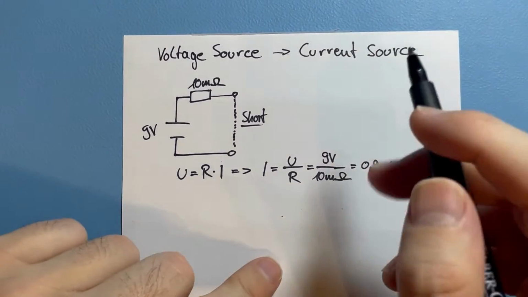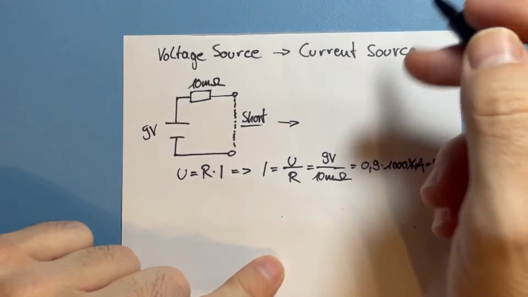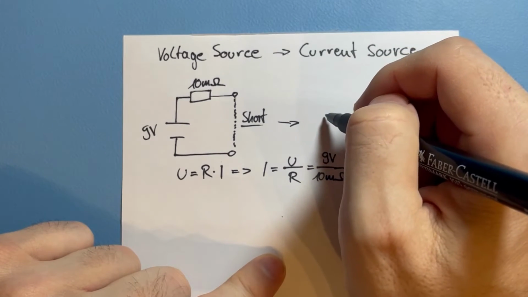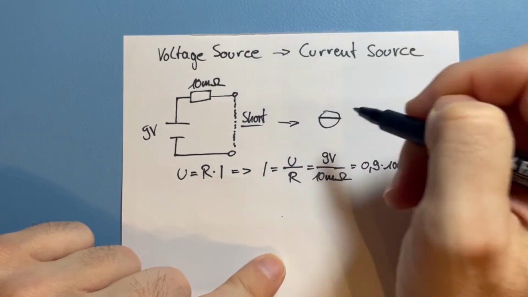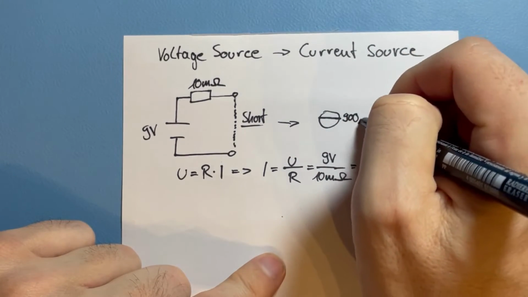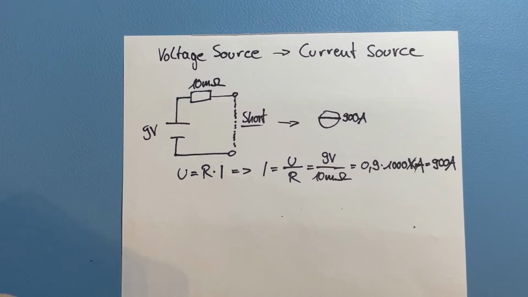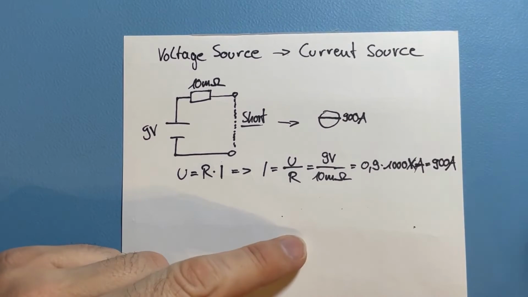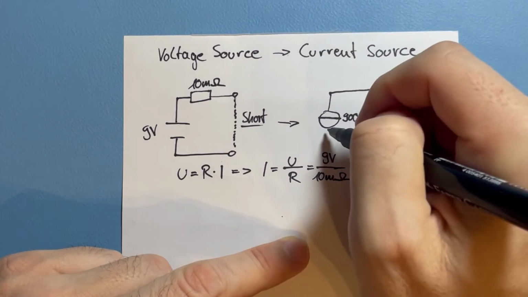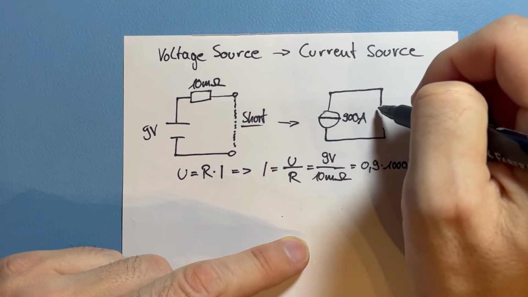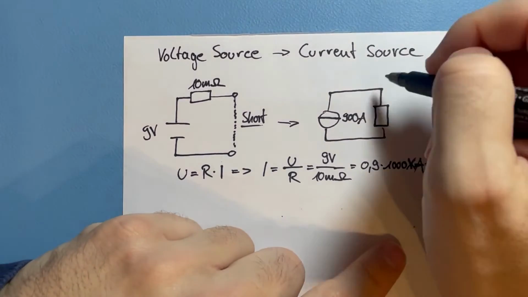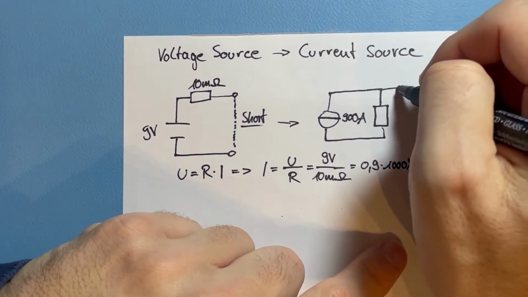And so we can already say that if we had here a current source, which is often drawn with this symbol, it would have 900 ampere. And the last question we have is, when you have a current source, the resistor is always in parallel with the source.